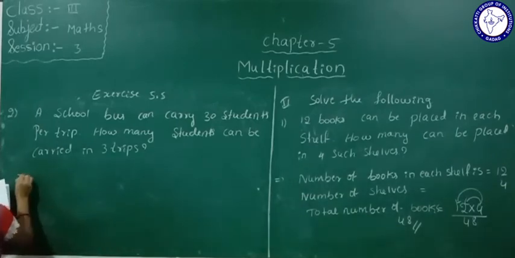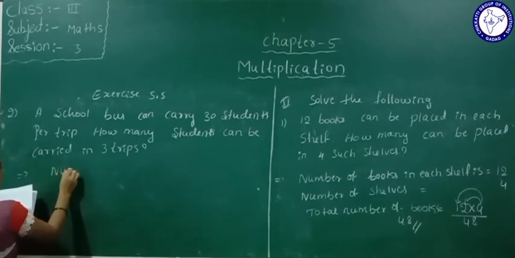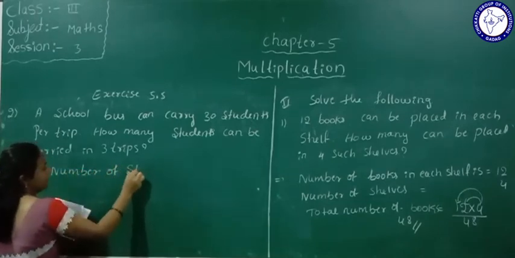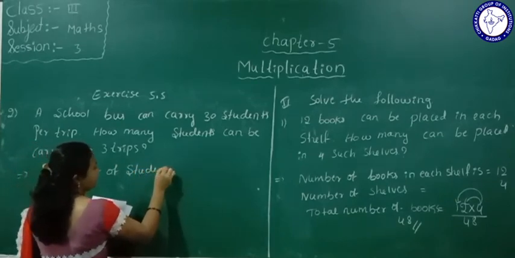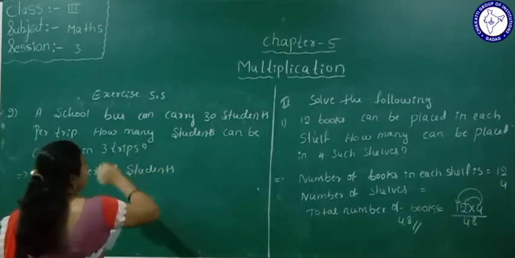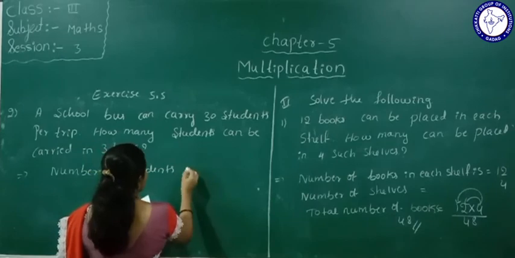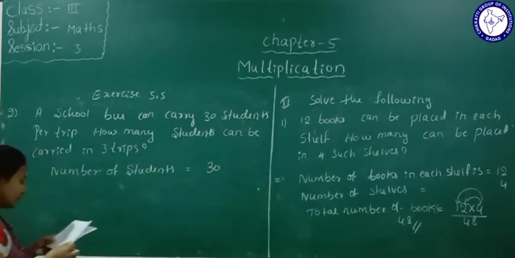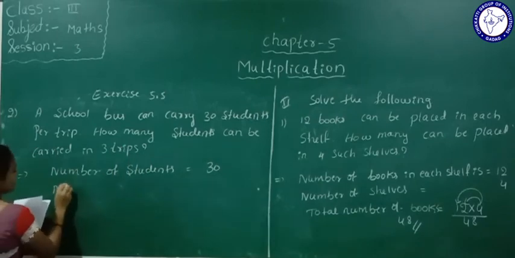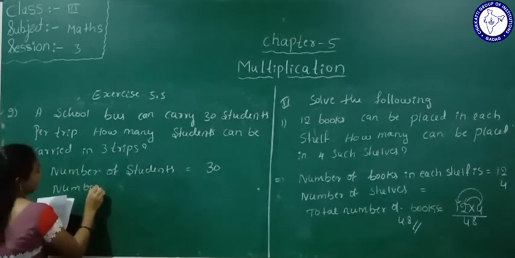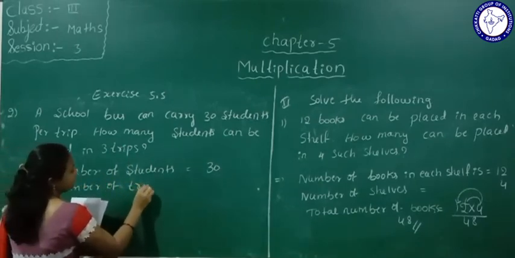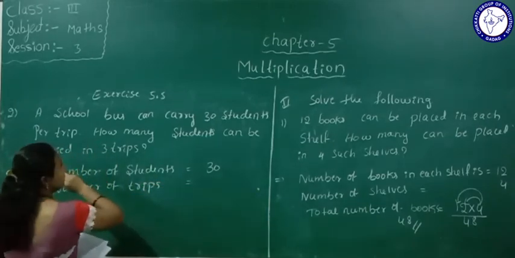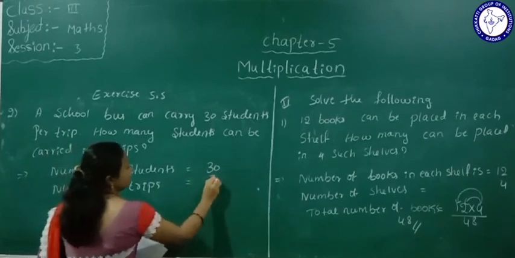Yes students. So here number of students in each trip is 30, and number of trips, how many trips are there here? Number of trips is equal to 3.